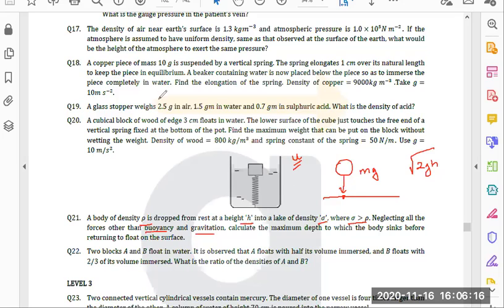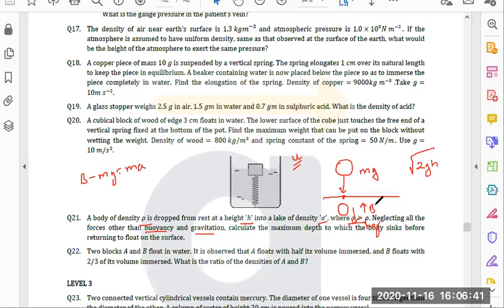Acceleration. If you think about this object in water, mg acts in the downward direction and buoyancy in the upward direction, and this leads to acceleration, or basically deceleration. So I can say that buoyancy minus mg gives ma.